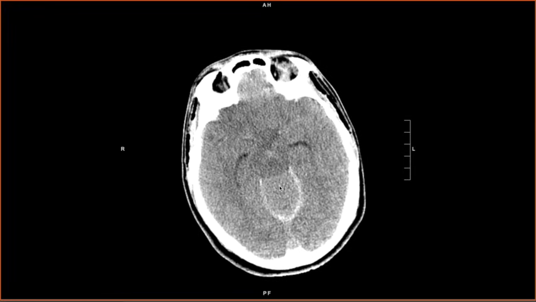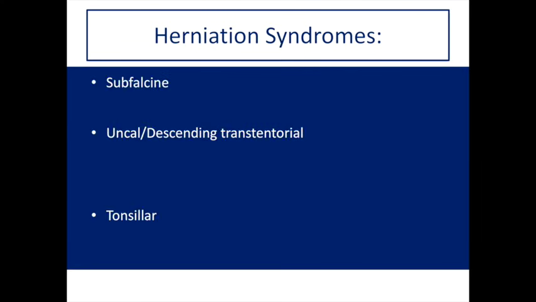Other herniation syndromes include transcalvarial, which is through the calvarium, and transalar, which is herniation across the sphenoid ridge. If that demonstration was too much detail for you, for now, take away only these 3: subfalcine, uncal or descending transtentorial herniation, and tonsillar herniation.